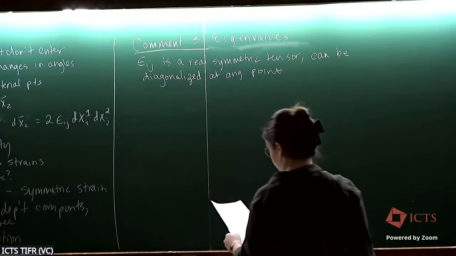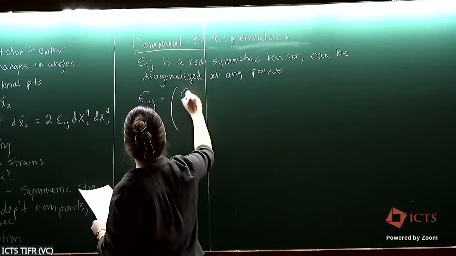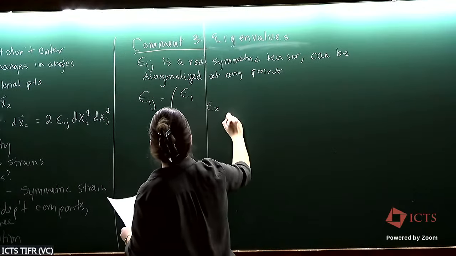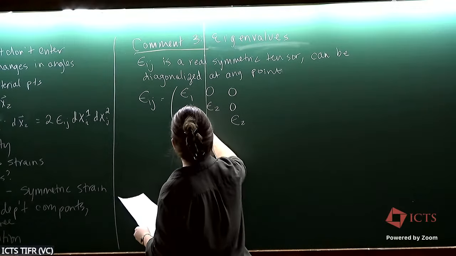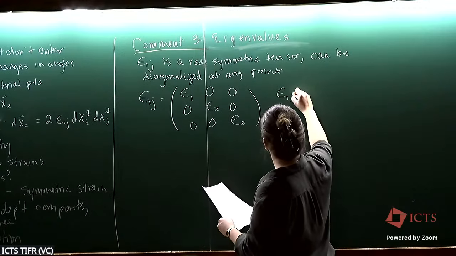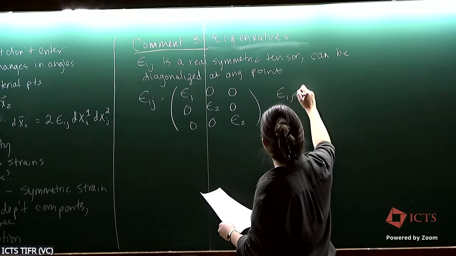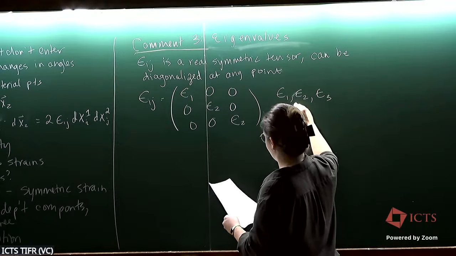What that would look like is, if you have epsilon ij, you can find a coordinate system where the strain will look like this. And epsilon 1, epsilon 2, and epsilon 3 are called the principal strains.